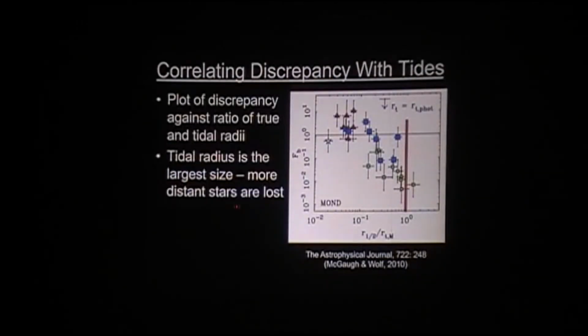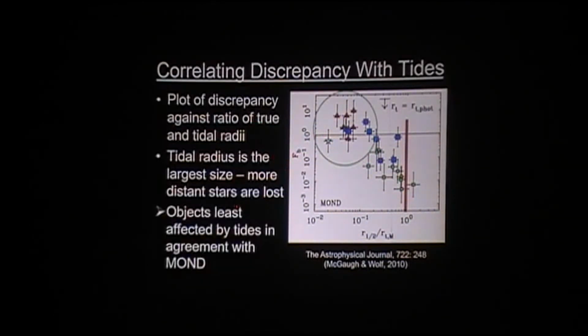So in this model, what happened is quite different, because obviously the tides work differently in different gravity theories, and you can see here basically that the objects least affected by tides more or less are in agreement with MOND. The major difference compared to the Newtonian plot is that a lot of the galaxies down here have moved across.